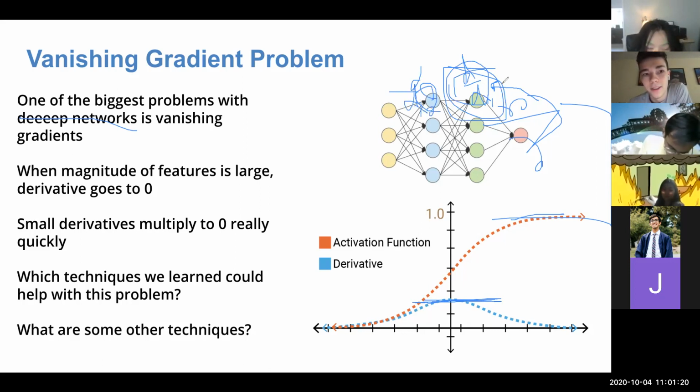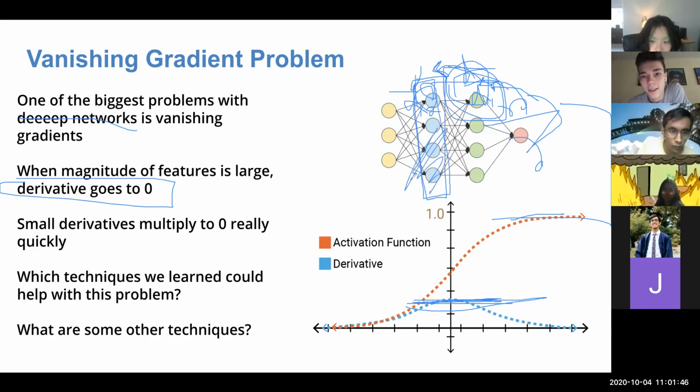But pretty much when you're going back through your network, you're multiplying these derivatives. And when you multiply numbers that are less than 1, the numbers go to 0. So when the derivative goes to 0, your network stops learning. If the derivative for all of these neurons is 0, they are going to stay static, and that becomes a problem because your model stops learning.